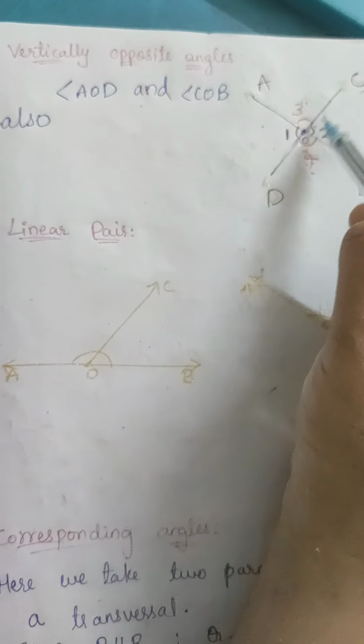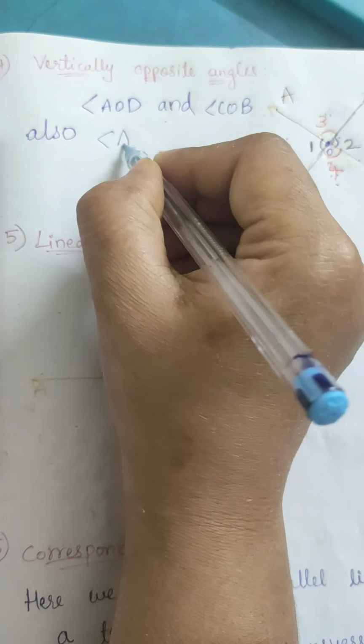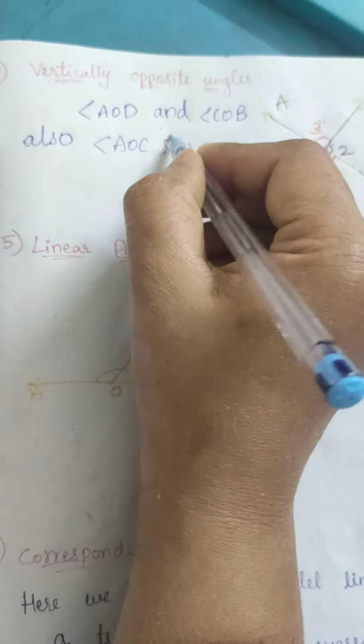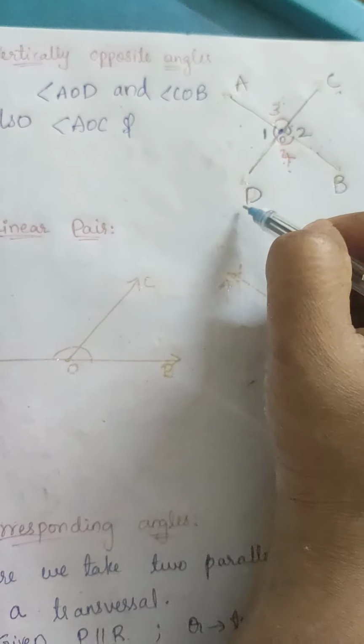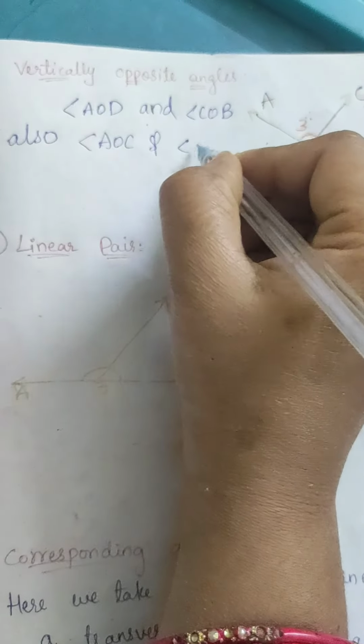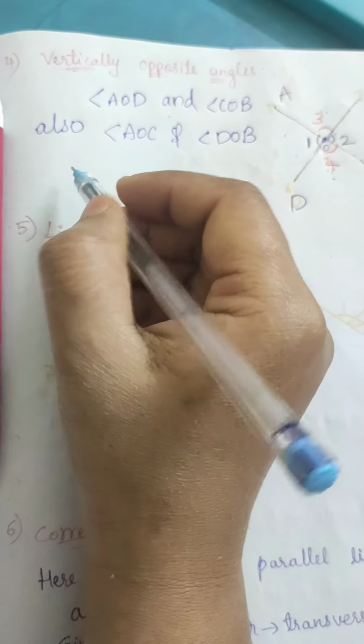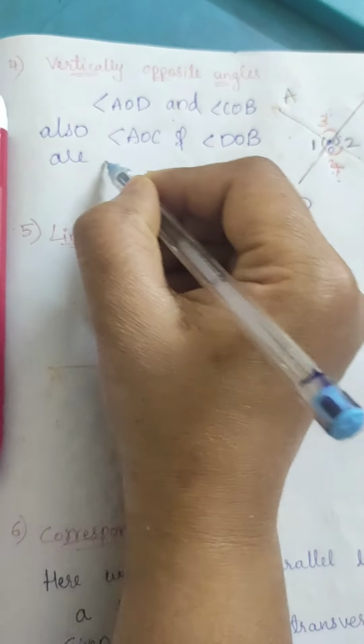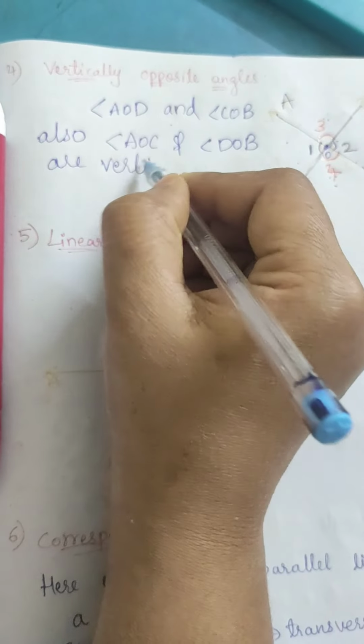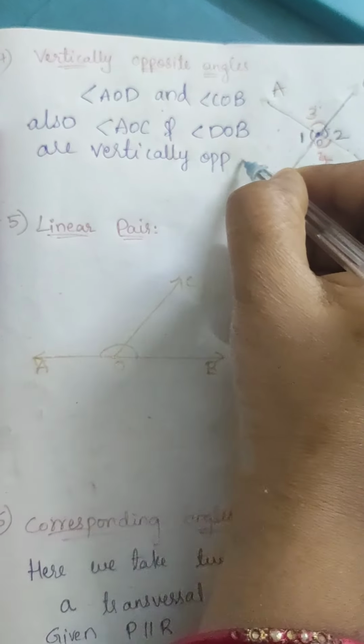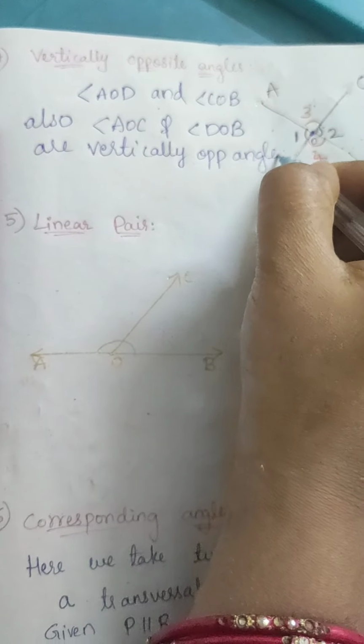Also angle AOC and angle DOB are vertically opposite angles.